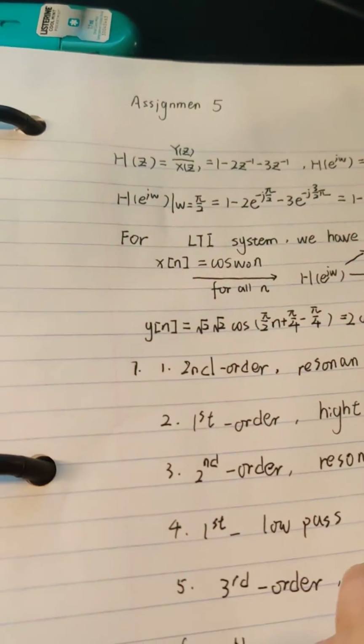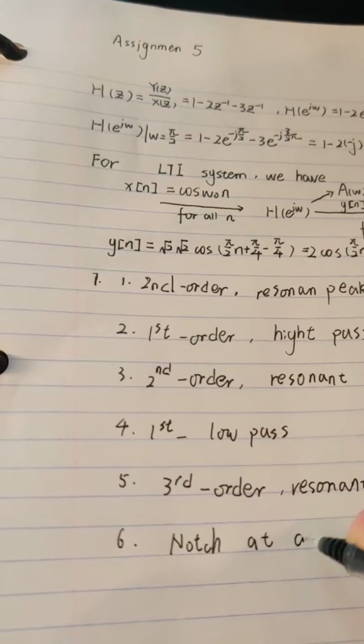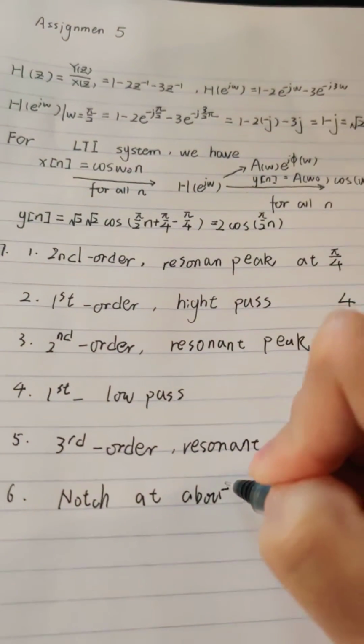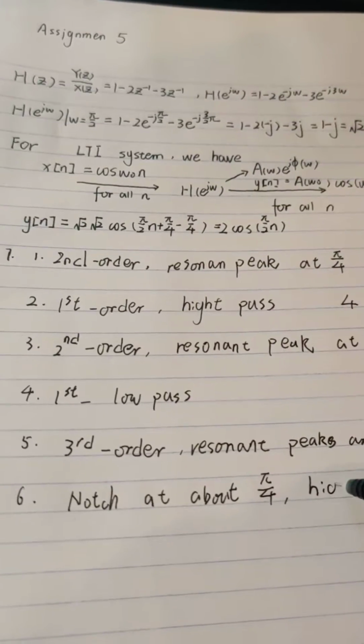At last, we go to pole zero diagram 6. We can get, and this pole zero diagram will have a notch at about maybe pi fourths, and it will be high pass.